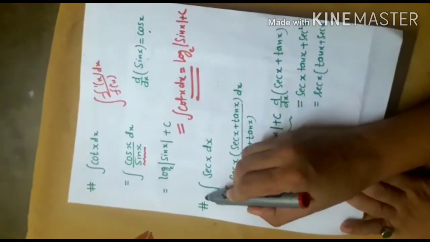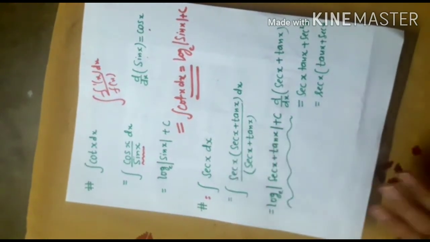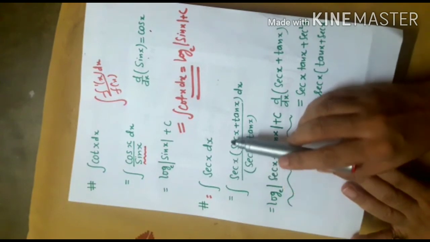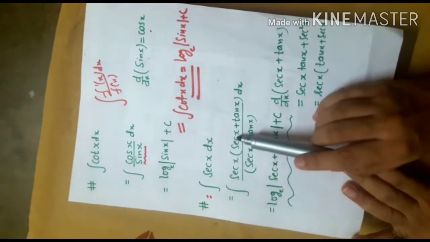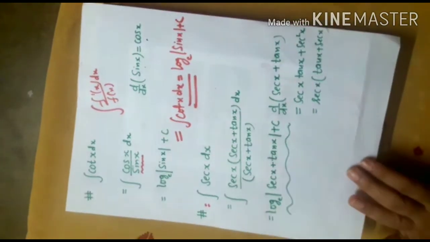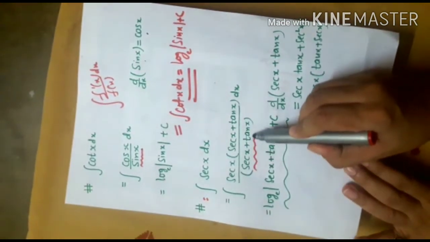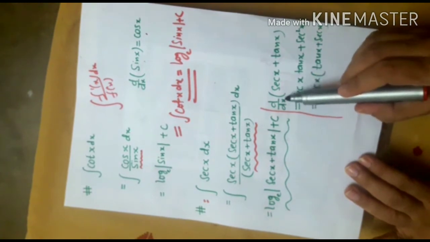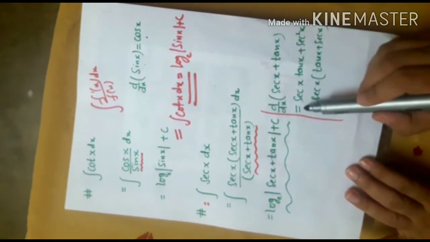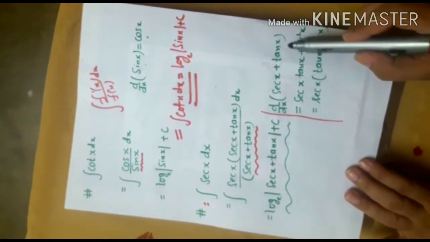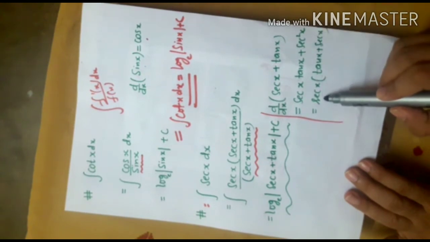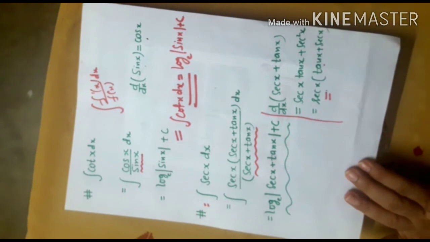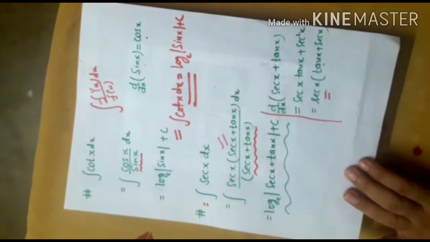Now similarly we are to find the integral secant x dx. Yes, I'll multiply numerator and denominator with secant x plus tan x. Now here the denominator is secant x plus tan x. If I compute the derivative of secant x plus tan x, I'll get secant x tan x plus secant square x. I take the common factor secant x out, I'll get tan x plus secant x, which is this.